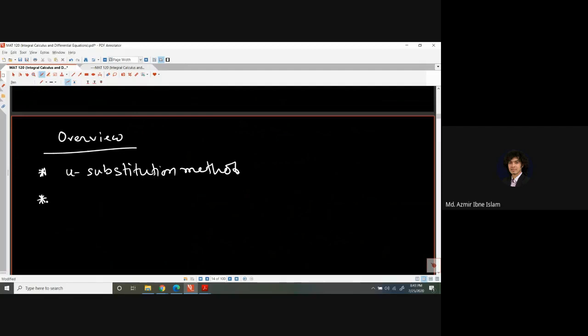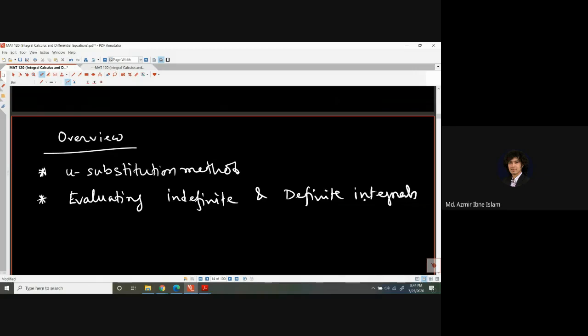And then we will learn how we can find the results of definite and indefinite integrals. More specifically, evaluating indefinite and definite integrals using the technique of the U substitution method.